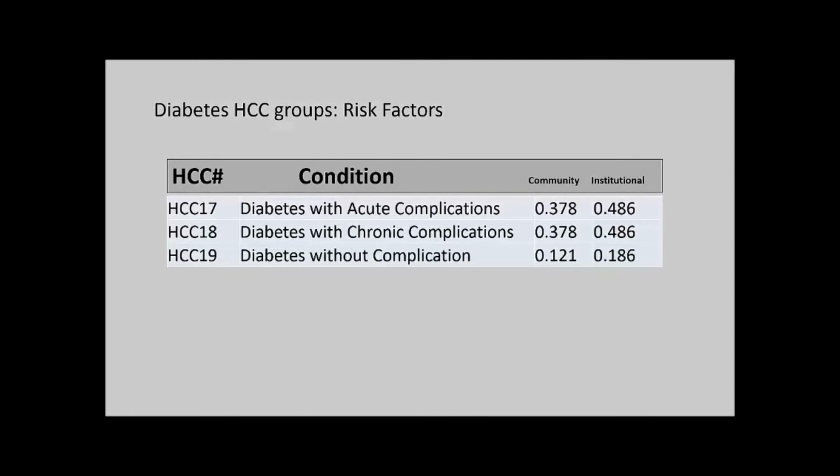And if you look at the difference in the risk factor between diabetes without complications in the community and diabetes with complications who is institutionalized, you have a 3 times risk factor for patients who are institutionalized with complications. So we have this website, and it will actually calculate HCCs for you, so we can do a few examples.